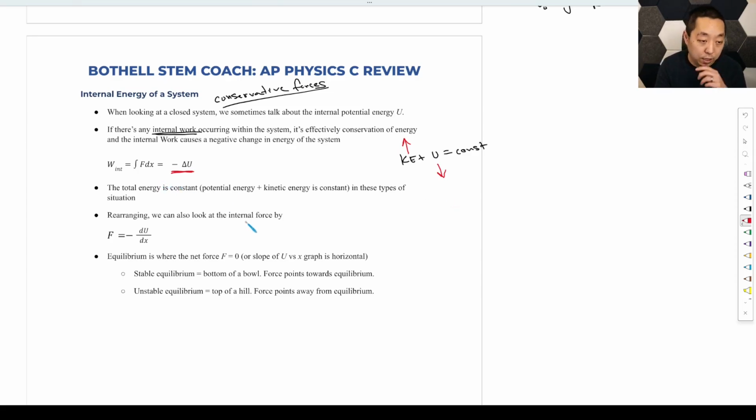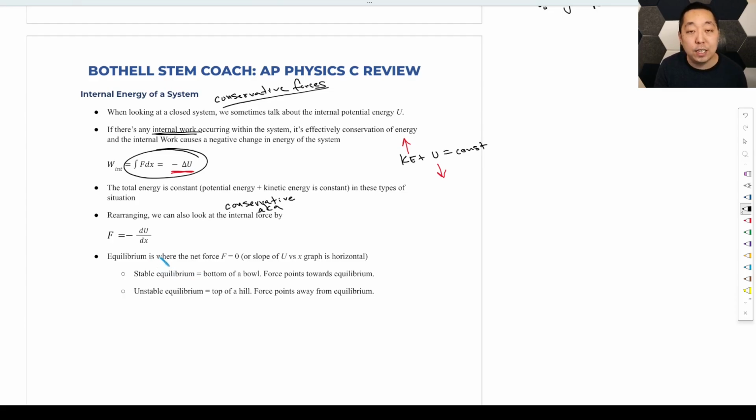The total energy remains constant. And if you want to look at that internal force, sometimes called the conservative force, then the differential form is, this is the integral form, you just take the derivative of both sides and you get F equals negative dU/dx, okay?